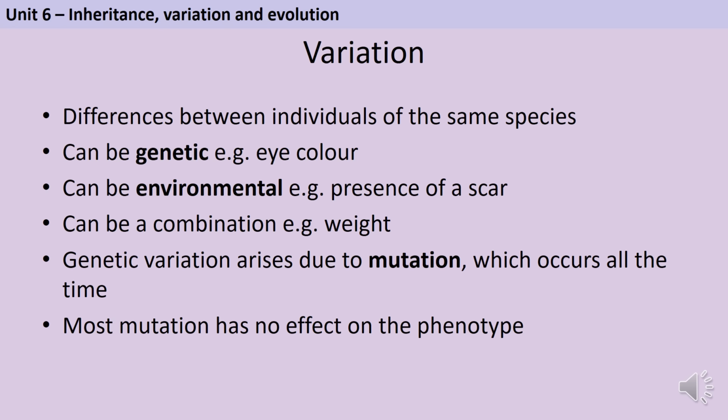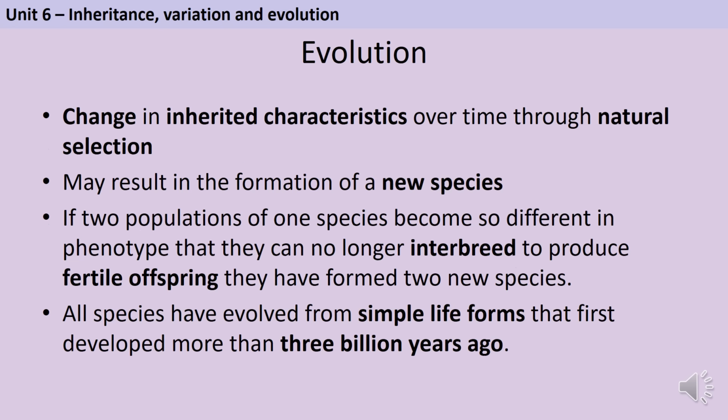And this mutation is happening all the time. Most mutations actually have no effect on the phenotype whatsoever, but sometimes they will have an effect. And if the new phenotype is desirable, it's possible that evolution will cause it to increase in number in the population.